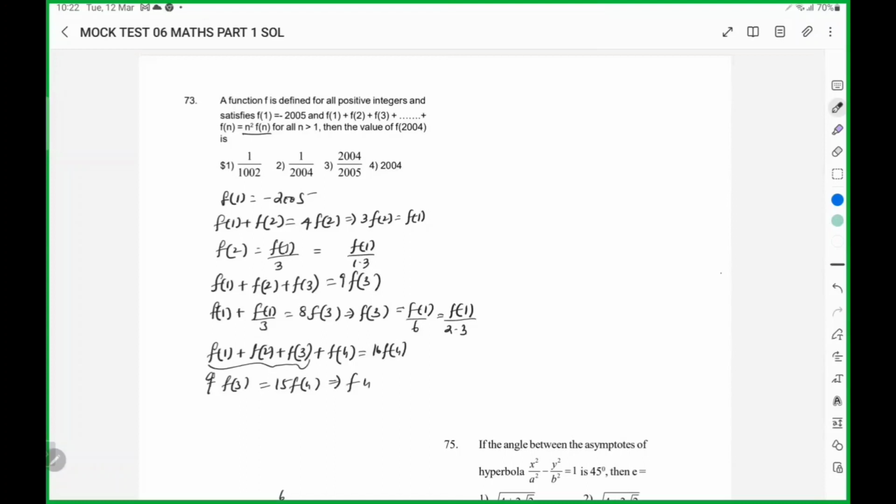F of 4 is 9 by 15. F of 3 will be, so we get f of 1 by 2 into 5.